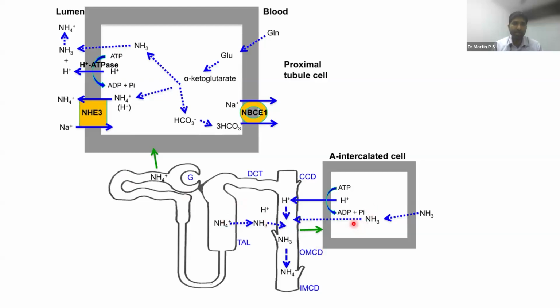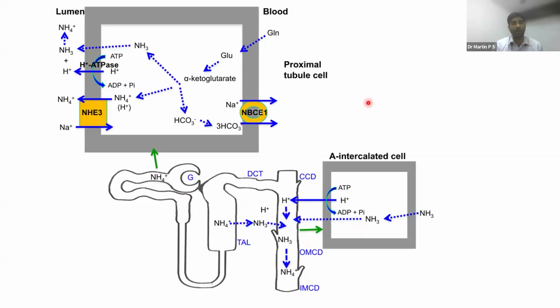Once it enters the alpha intercalated cells, it gets secreted into the tubular lumen, where it binds with the H plus ions secreted by hydrogen ATPase and buffers the hydrogen, forming ammonium ions. This is a normal process which has to take place.